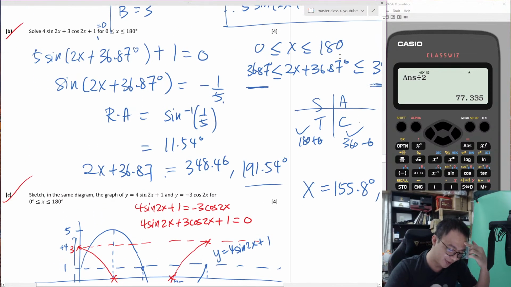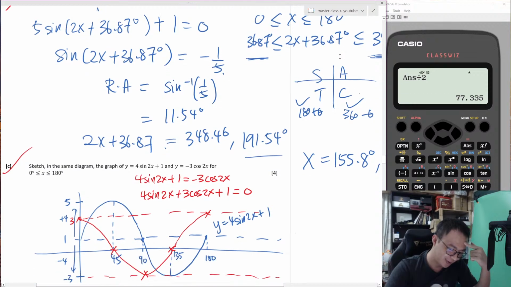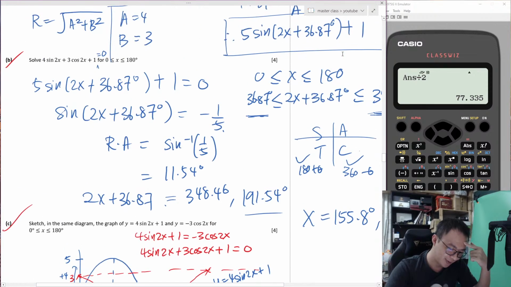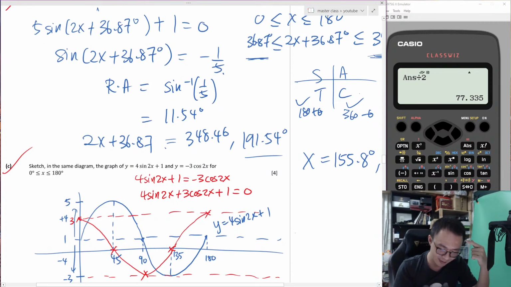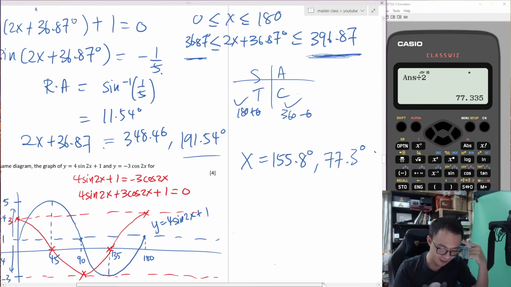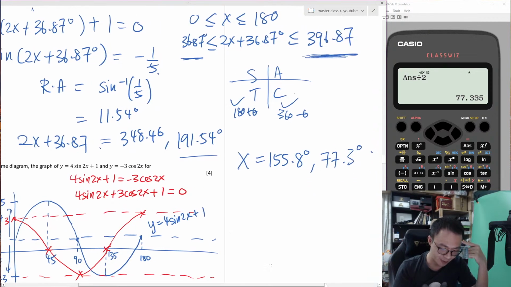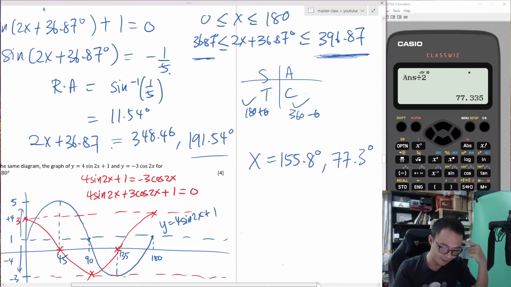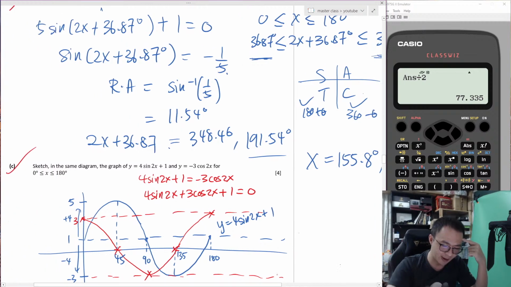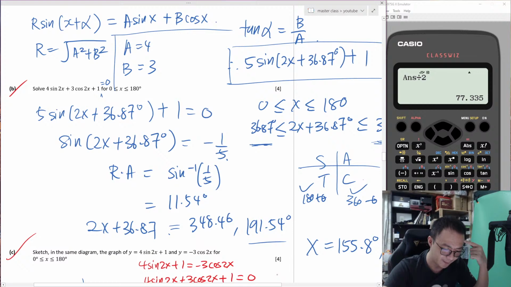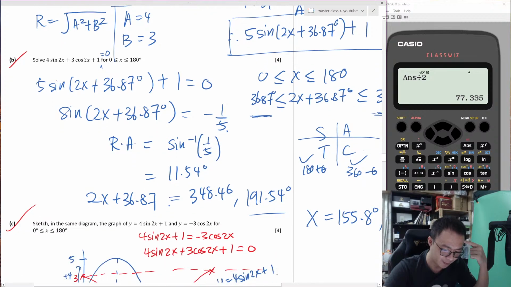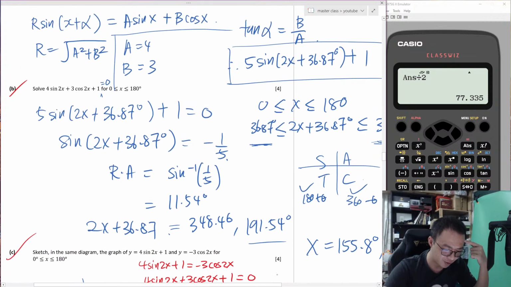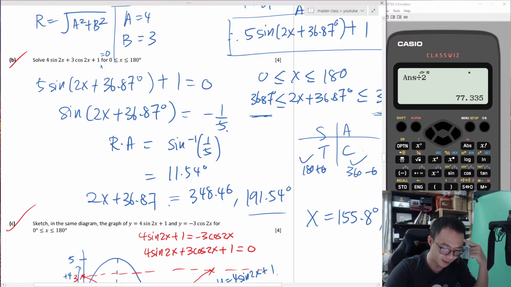So where does that intersect? 70. No, they don't intersect that way. I thought there was a real intersection point. 4 sine 2x plus 3 cos x plus 1 equals 0, right?